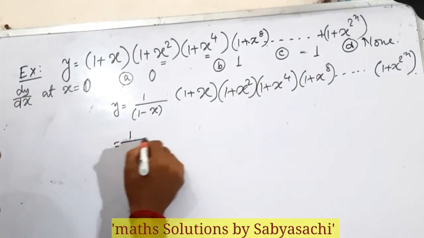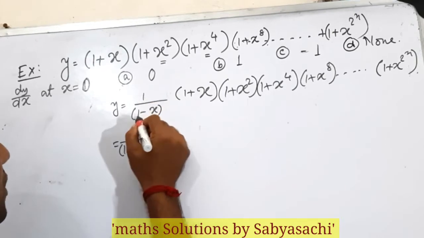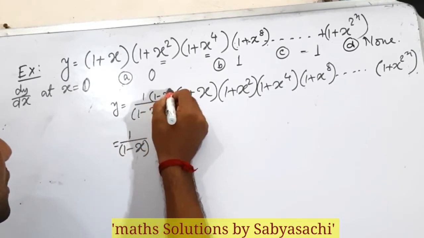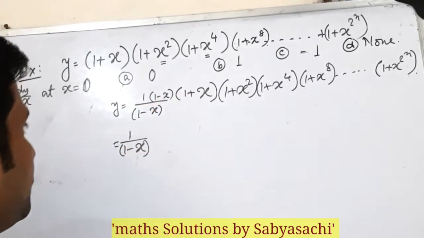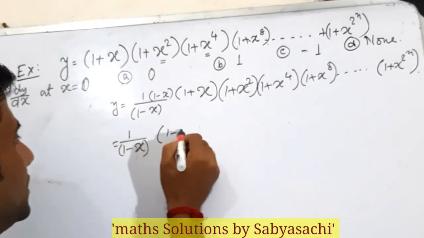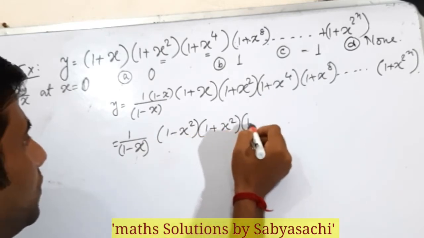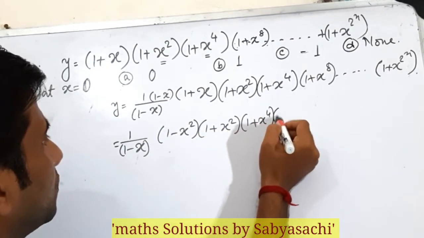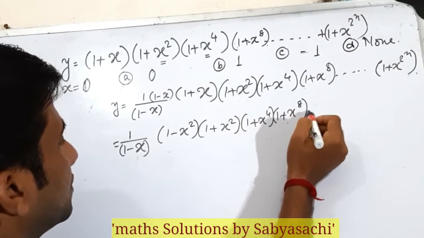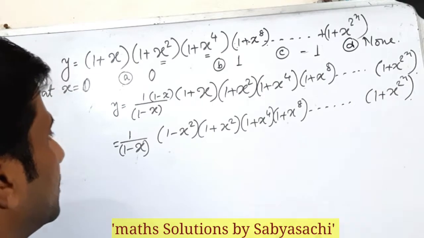Then it becomes 1 minus x into this. Balancing this in this way, we get (1 minus x square)(1 plus x square)(1 plus x to the power 4)(1 plus x to the power 8) and so on up to (1 plus x to the power 2 to the power n).